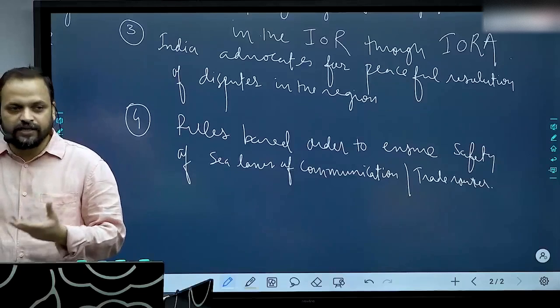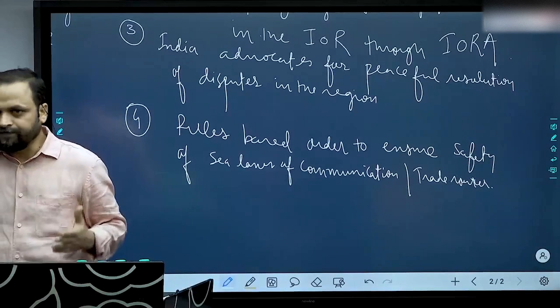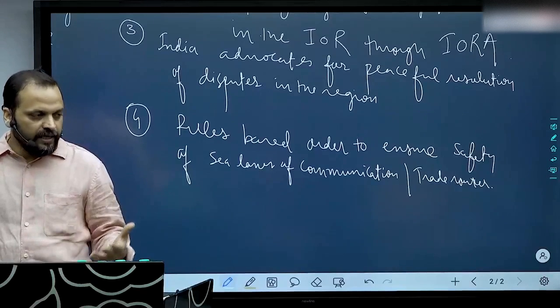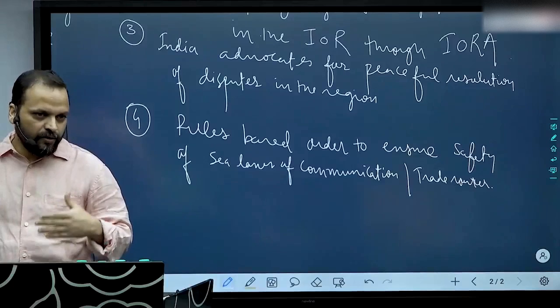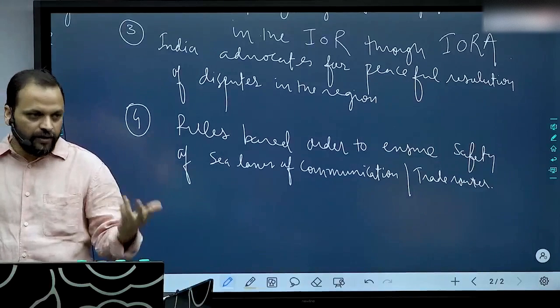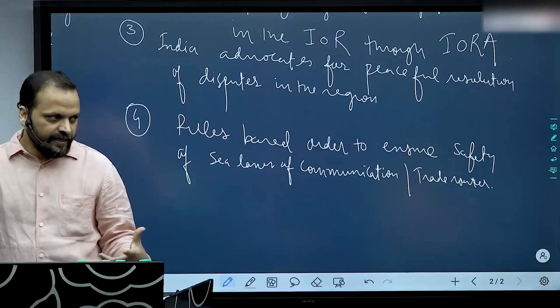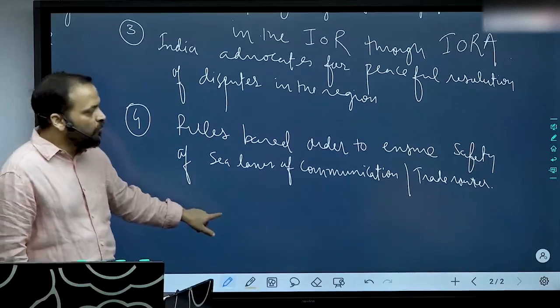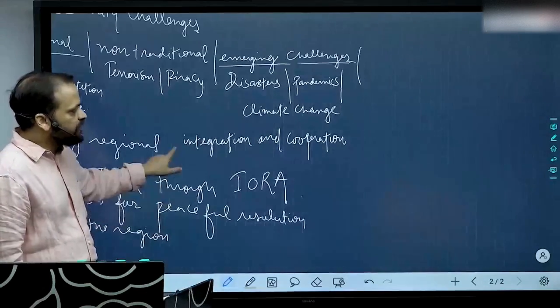Ultimately, as the name suggests, it is about security and growth for all in the region, right? So it means security for India, growth for India, but also security for others, growth for others, and thereby cooperation of various kinds in this region. This is what India wants to promote as part of Sagar approach in the Indian Ocean region.